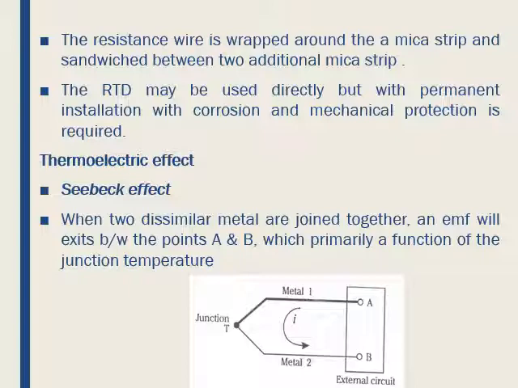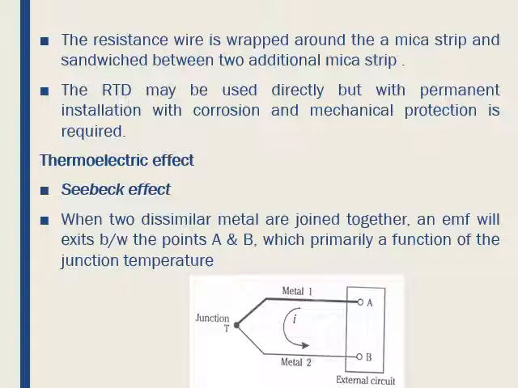If there is a difference in temperature between the hot junction and cold junction, a small voltage is created. This voltage we refer to as EMF, and it can be measured and in turn used to indicate the temperature. Generally, thermocouples work on the basis of three different effects discovered by Seebeck, Peltier and Thomson. The Seebeck effect says that when two dissimilar metals, or different metals, or unlike metals are joined together, an EMF is generated at the two junctions.